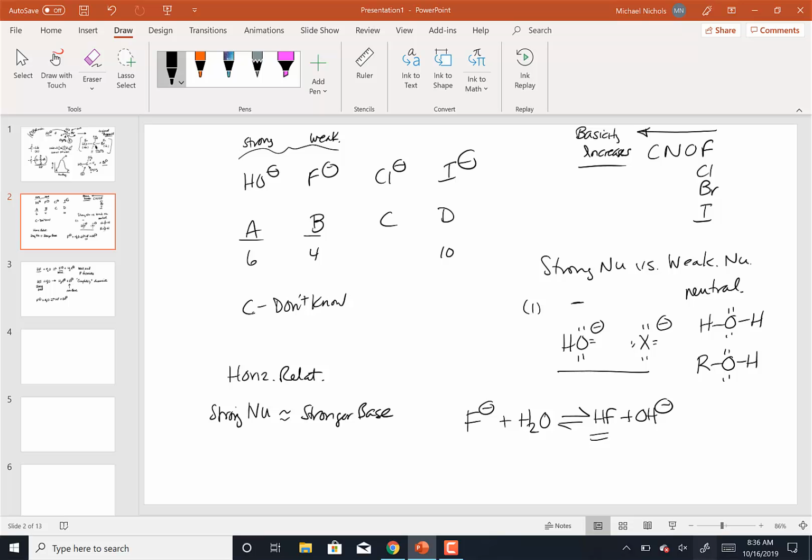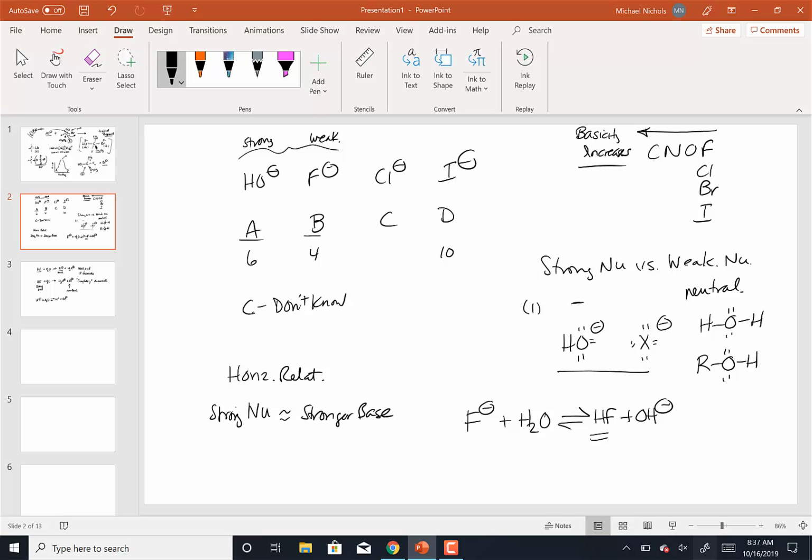The CH, NH, OH, FH acidity increases when you go from left to right on the periodic table. So who is the stronger base here? Hydroxide. So I can compare hydroxide and fluoride based on their horizontal relationship.